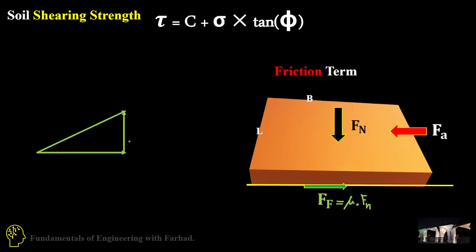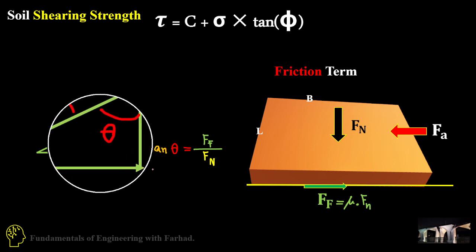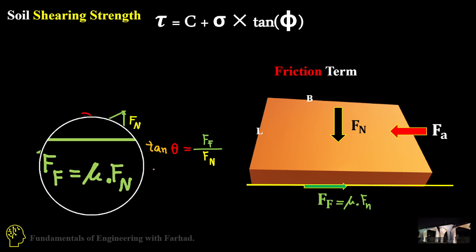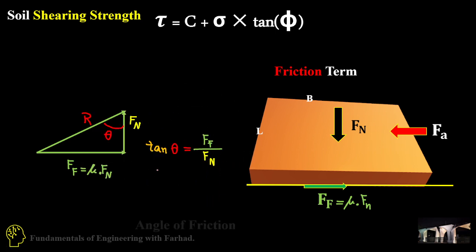So if you develop the triangle of friction force, normal force, and the resultant one, the angle theta created between the resultant and the normal force, we call the angle of friction. If you take the tangent of theta, that is simply FF, frictional force, over normal force.